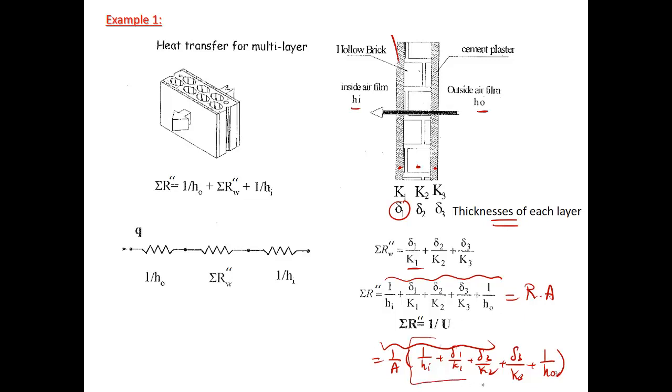This right here is R double prime, the heat flux, and the total is R, so R double prime equals R times A.